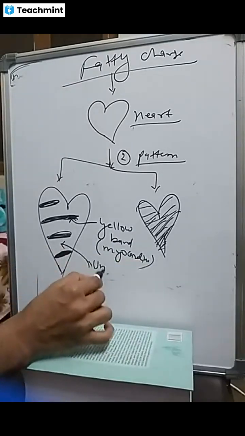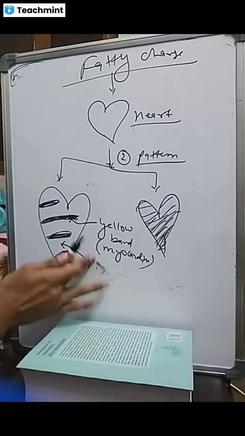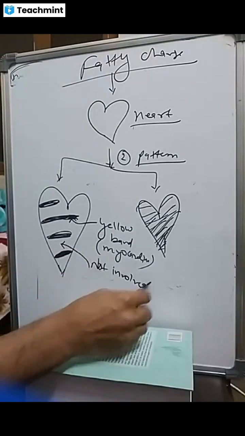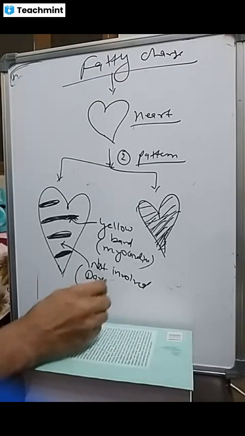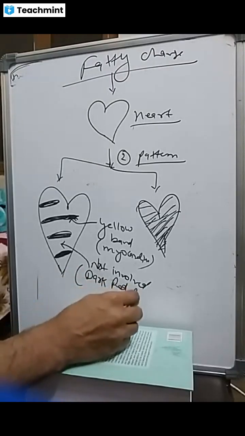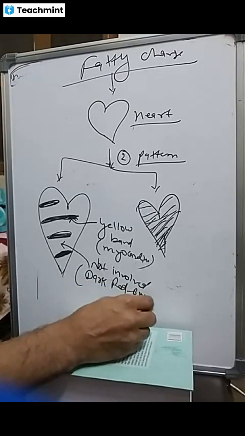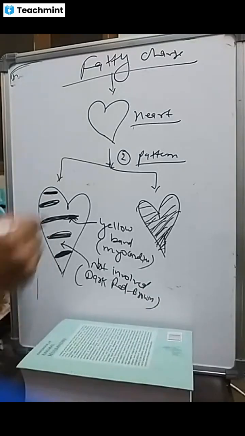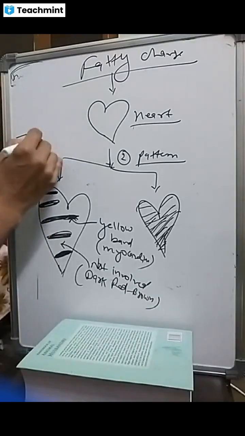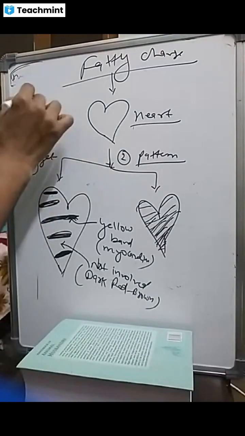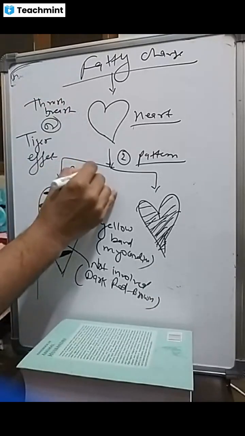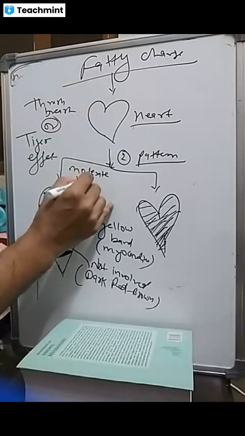This area, which is not involved, is dark red brown. Because of these bands, it gives a tiger effect, also called tiger heart. This happens only in case of moderate hypoxia.